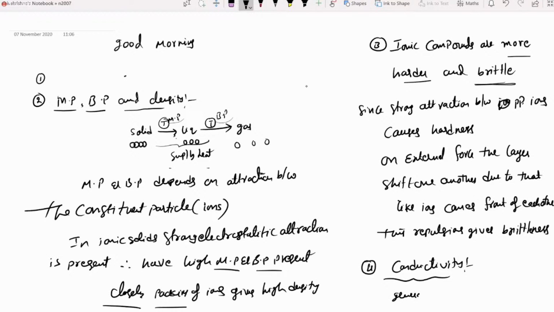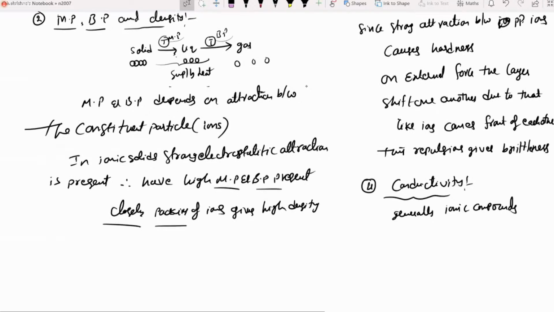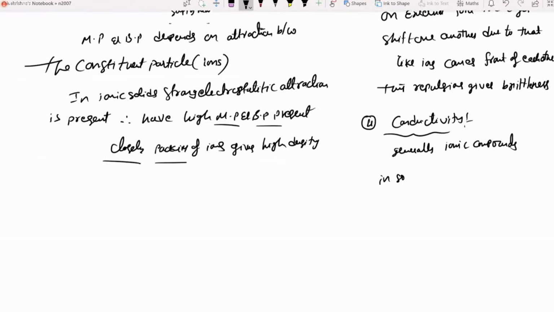Generally, ionic compounds in solid state do not conduct any electricity, but in solution or molten state, conduct electricity.